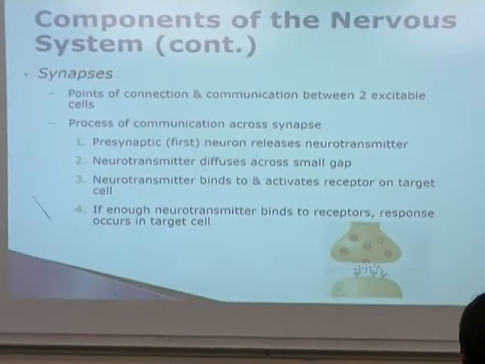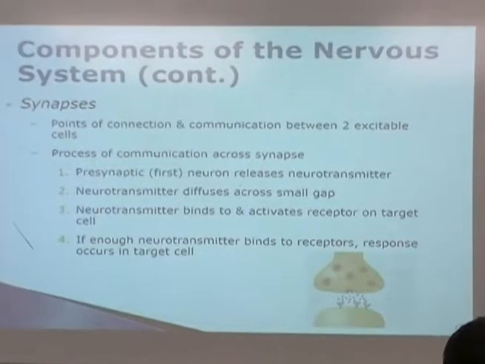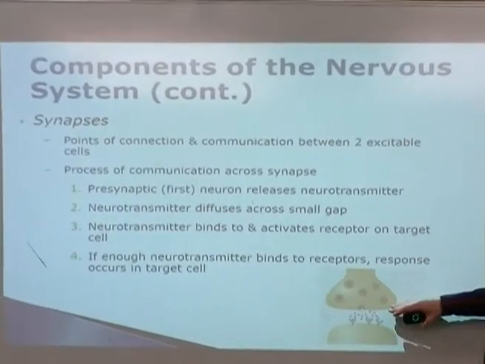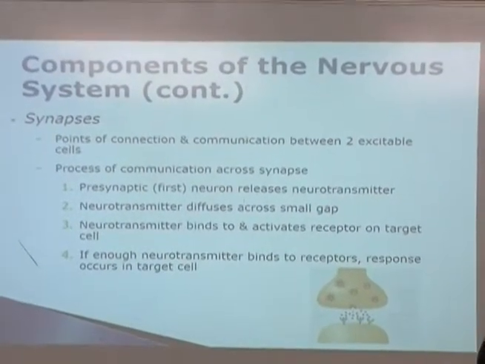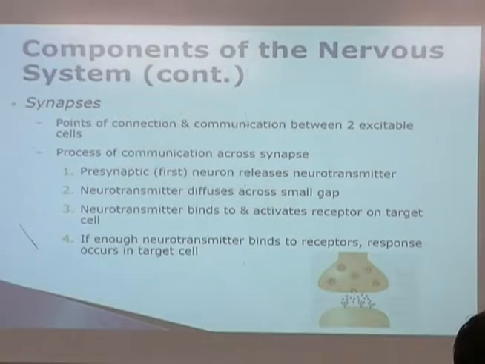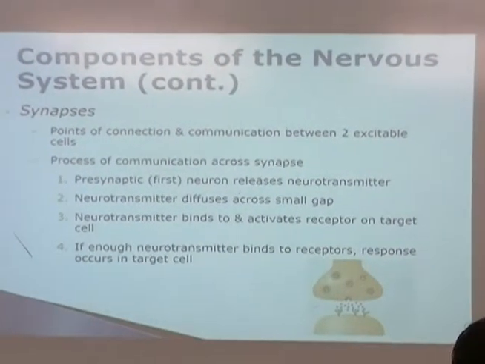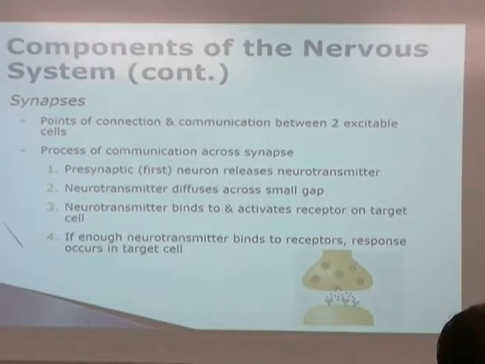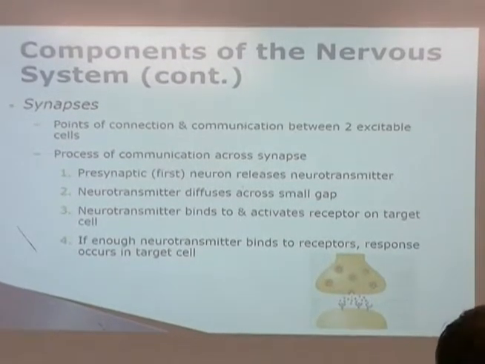So what happens when we get a signal down the nerve from the central nervous system is, when it reaches the end of the nerve, in the dendrite, there are little storage points in the end of that dendrite that contain a chemical capable of transmitting the signal across the gap. The signal is electricity.